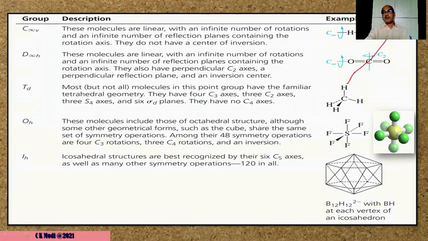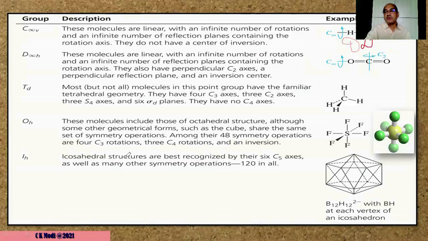If I pass the imaginary axis through the center of the molecule on the y-axis and rotate it, this oxygen comes over here and this oxygen comes over here. So the third C2 is present. So C infinite is present plus two C2s are also present. When C infinite is present along with two C2s, the point group is C infinite plus 2C2.